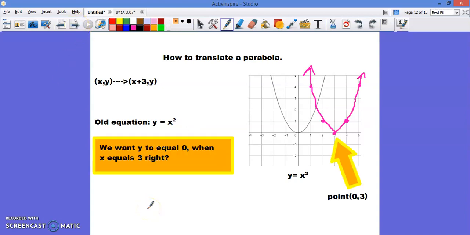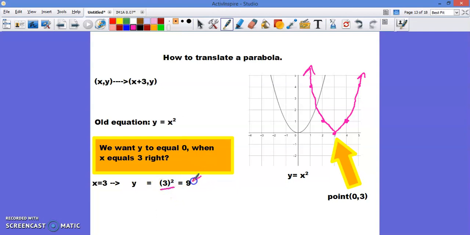At point 3, 0, we see that point is 3 units over to the right. We want y to equal 0 when x equals 3, right? Well, currently, if I plugged a 3 in for x in this equation y equals x squared, I get y equals 3 squared, which is 9.